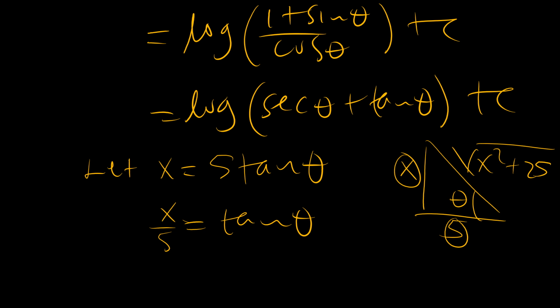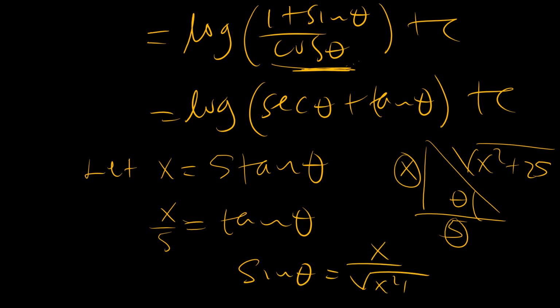And so, if we go back to this point here, sine theta is the same as x over square root of x squared plus 25, opposite over hypotenuse, and cosine theta is the same as 5 over square root of x squared plus 25, adjacent over hypotenuse.